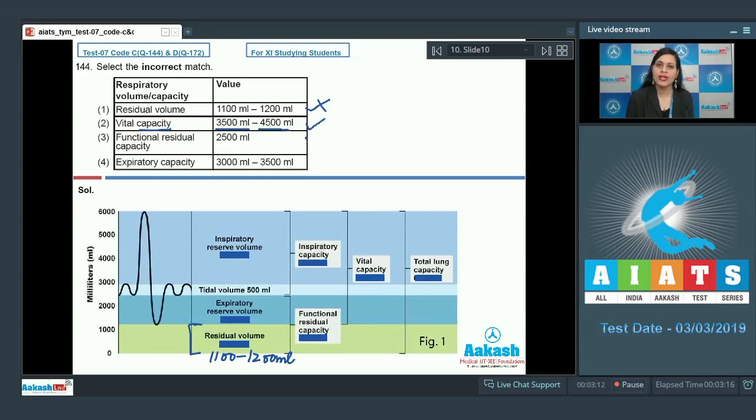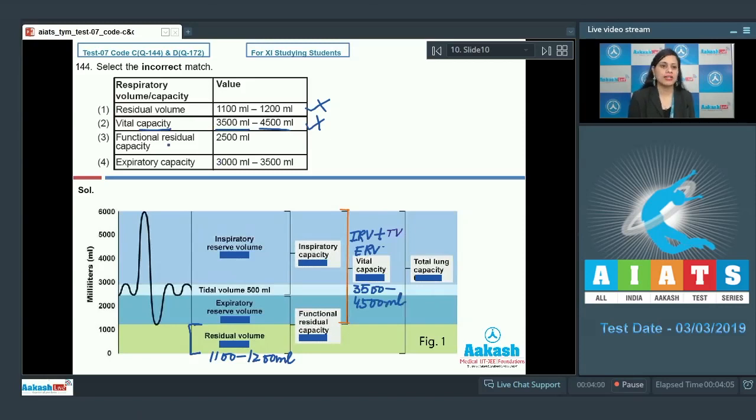The next match given is vital capacity, and the match is 3500 ml to 4500 ml. As it is also a correct match, this cannot be the answer, because vital capacity, as you can see here, includes inspiratory reserve volume plus tidal volume plus expiratory reserve volume, which is equivalent to near about 3500 to 4500 ml.